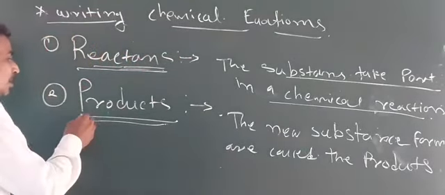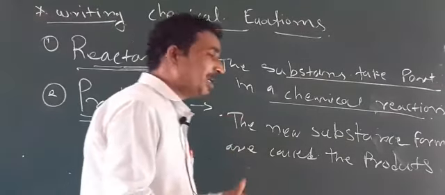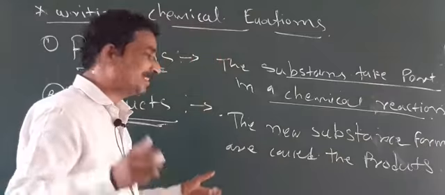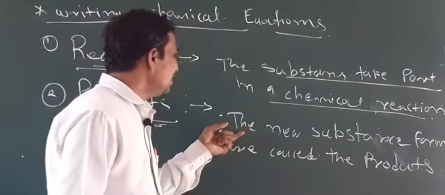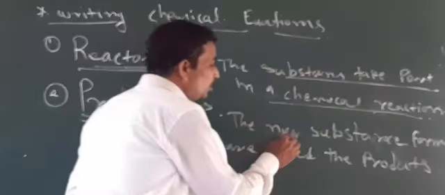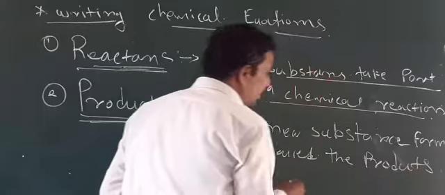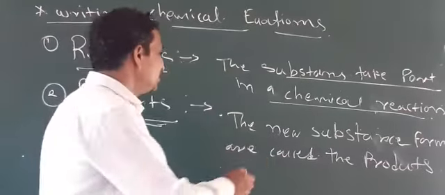Second, we come to know the products. Product is also very important. I will explain the difference between product and reactant in the equation. Product means the new substance, the new compounds, formed after the reaction. When two compounds react, then afterwards what is formed we call the product.